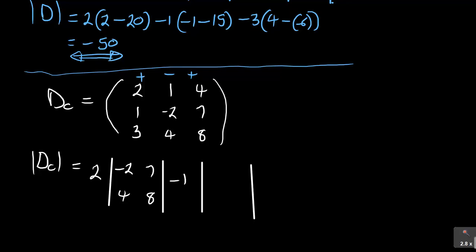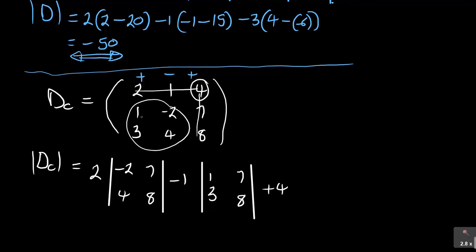Now with the 1, you are saying if I cross out the 1 and that, I'm left with 1 3 and 7 8. So that is what I'm going to write, 1 3 here, as well as 7 8. Then after that I have plus 4, and then when I cross I will have 1 3 minus 2 4. That's what I'm going to have.